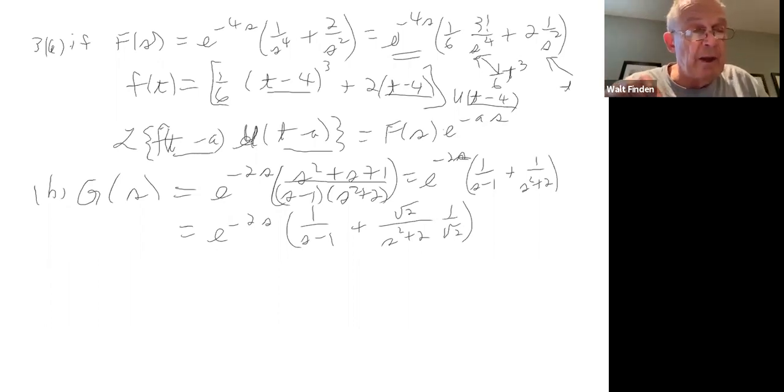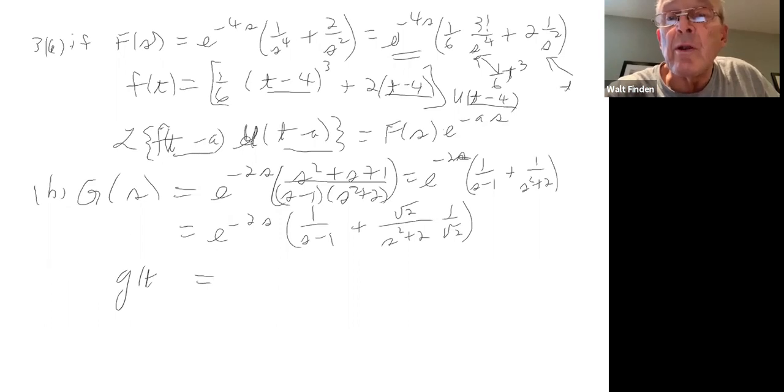And that gives me equal to, so g of t then, looking at this, this part here would be e to the t, but I have a shift here, so it's e to the t minus 2.